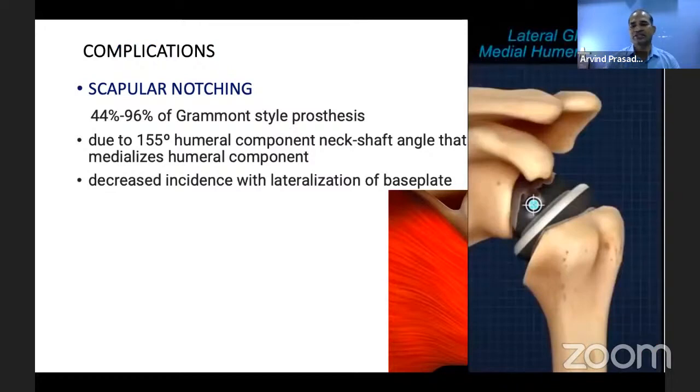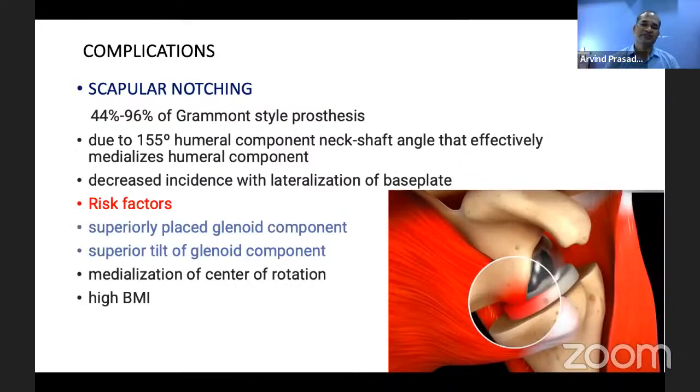And this incidence decreases with lateralization of the base plate over the glenoid. Another risk factor is if the glenoid base plate is placed superiorly or tilted superiorly instead of inferior tilting or inferior placement, then again the risk becomes high, and also a very medialized center of rotation, and there is increased risk associated with high BMI also.